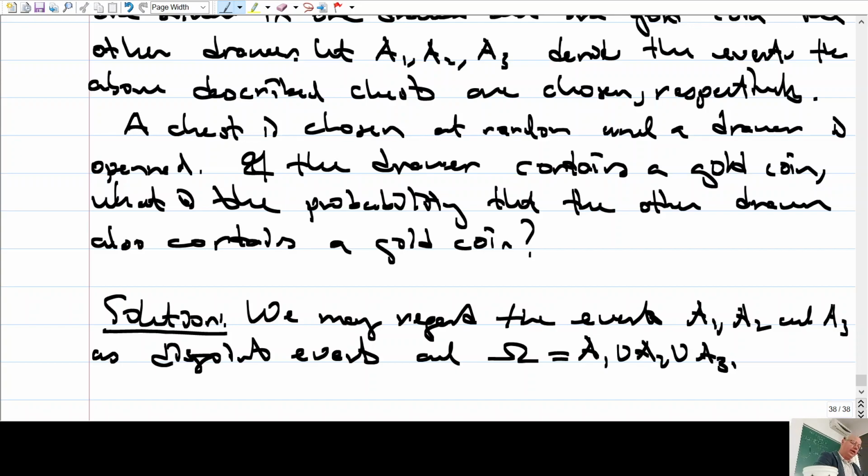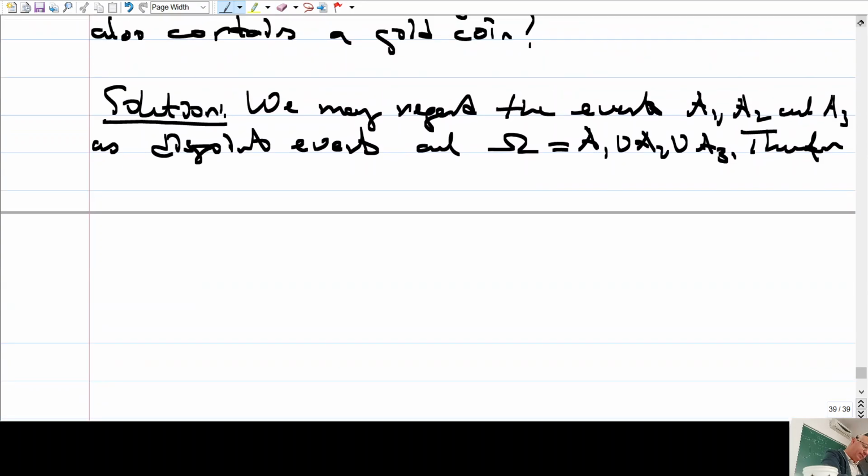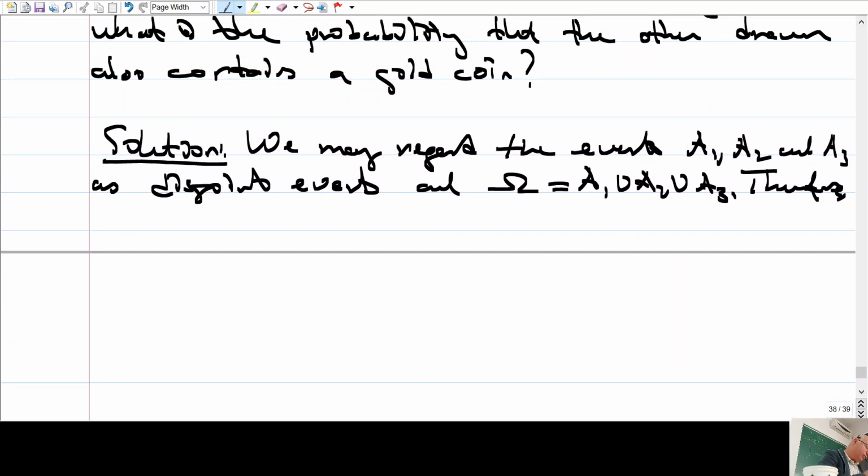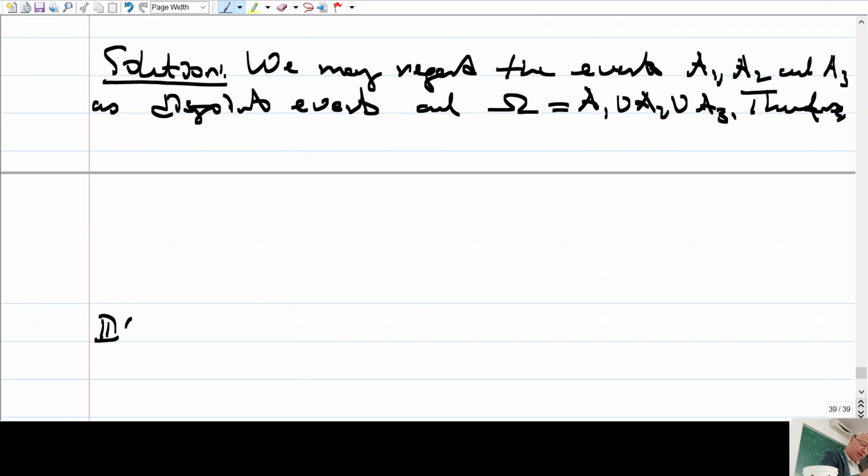So A1, A2, A3 is a partition of the sample space omega. Therefore, P(Ai) is just 1 over 3 for i = 1, 2, 3. Picking the ith chest has probability 1 over 3. So each of them has the same probability.